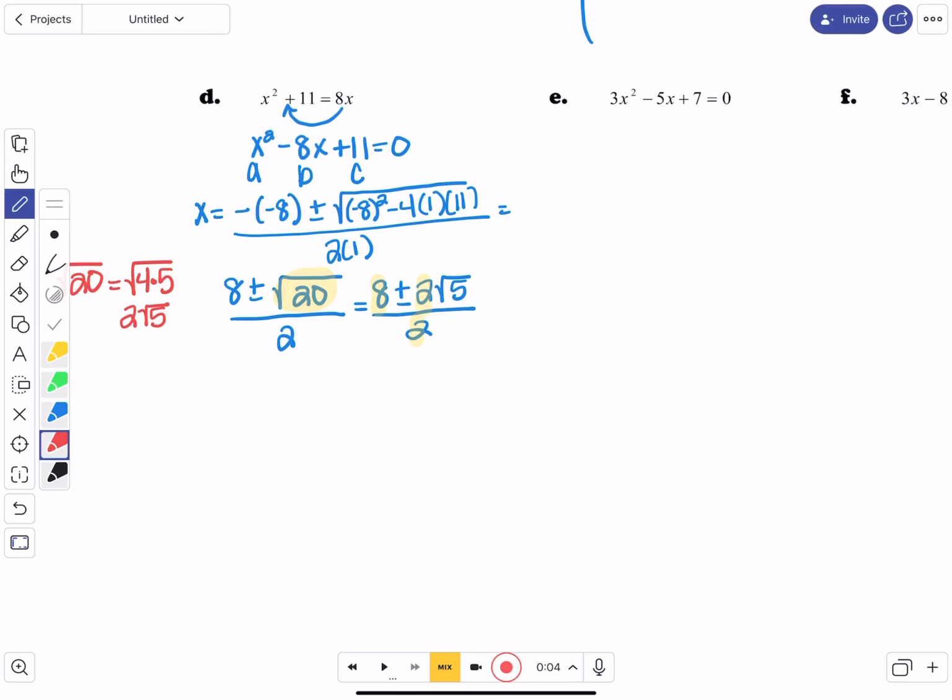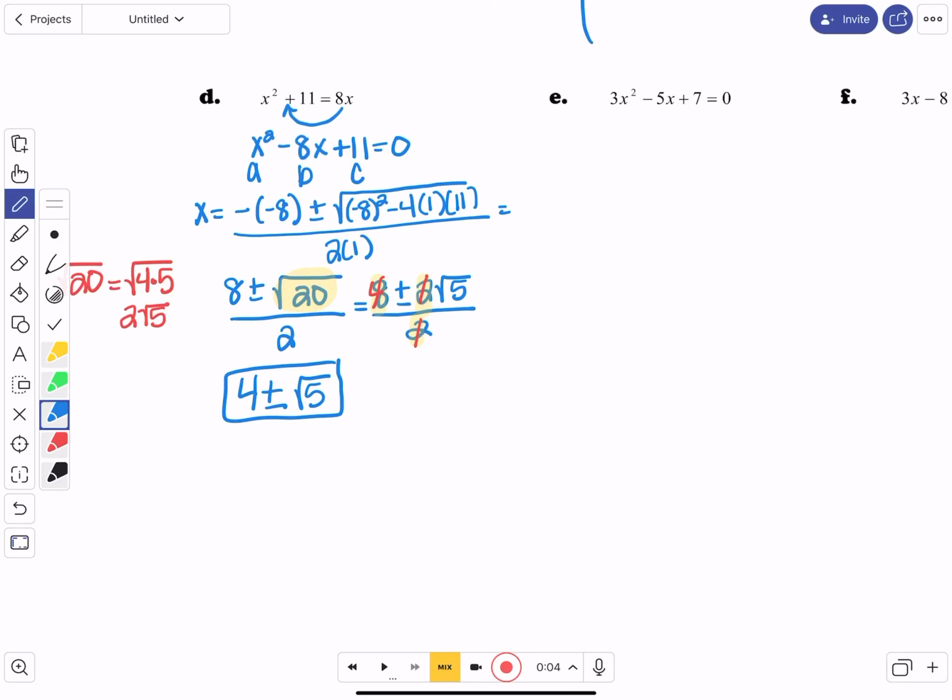So 2 goes into 8 4 times. 2 goes into 2 once. 2 goes into 2 once. So basically our fraction goes away, and we can rewrite this as 4 plus or minus the square root of 5. I don't have to put that 1 in front of the square root of 5, and since there's a 1 on the bottom, our fraction is going away. So here is our final answer.